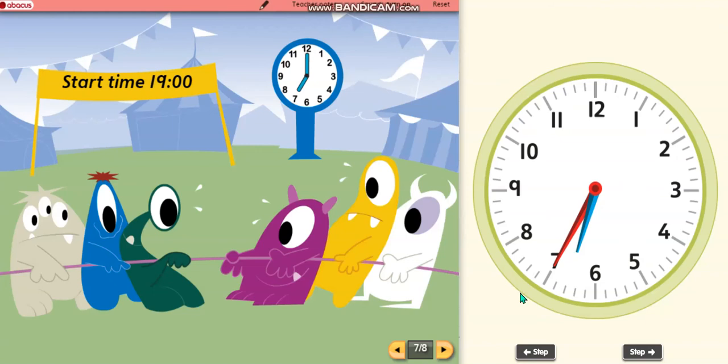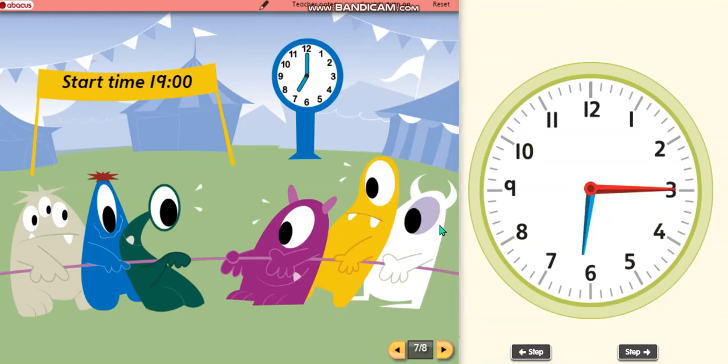How about what if mom and dad need to cook dinner for 20 minutes? How many minutes are we going to step back? So that will be 20. So 5, 10, 15, 20. Okay, look at the time now.